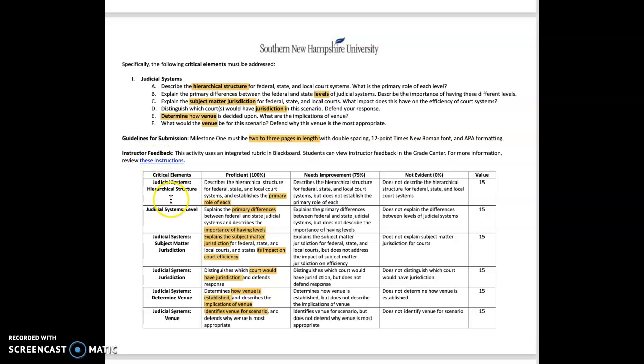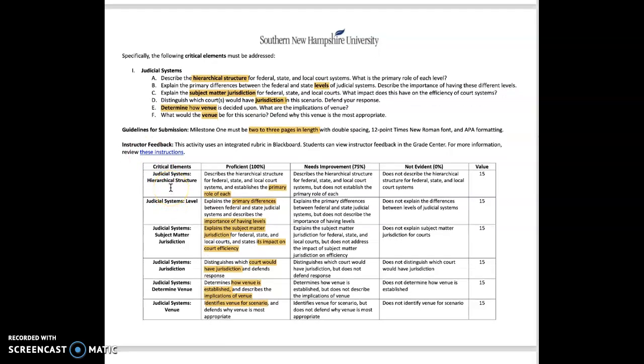So let's first look at hierarchical structure. You've already done this in Module 1. You did a short paper on the federal court hierarchical structure, and you identified the primary role of each of those tiers within that structure. Then in your discussion board 2-1, you examined state courts and their structure by looking at specific states, usually your home state.